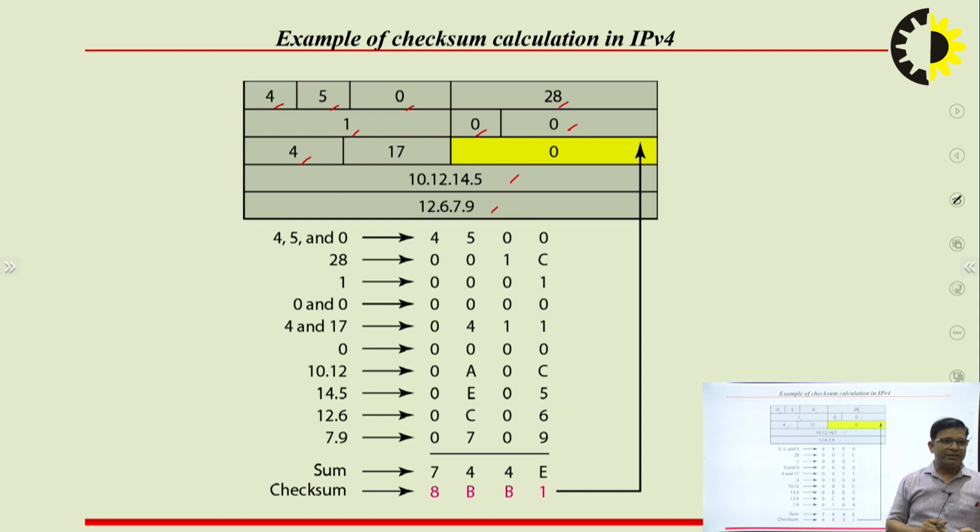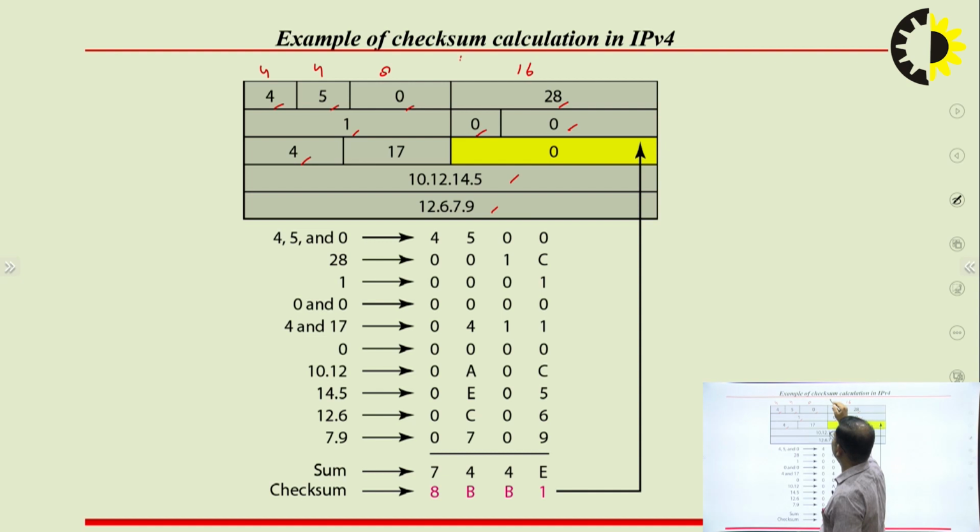The checksum is 16 bits long. So we have to write it as 4500. This is 4 bits, and this is 8 bits. This is 4 bits, this is 8 bits, and this is 16 bits. So we have to divide this part in this way.